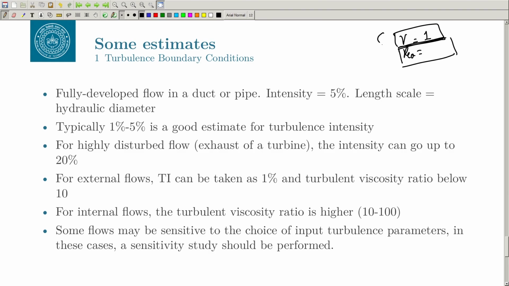So, this is for the 4 equation SST omega model, which is used for transitional flow. There you do not have to initialize only k and omega, but also gamma and Re theta, right. The analytical relations are available in the literature, and you can use those relations based on the mean flow parameters.